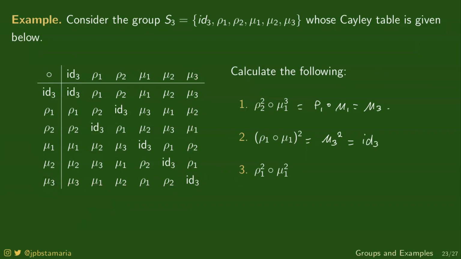Okay? How about rho 1 squared times mu1 squared? Ito naman, rho 1 times rho 1. Oh, rho 2. Rho 2 times mu1 squared. Oops, identity. Rho 2 times mu1.